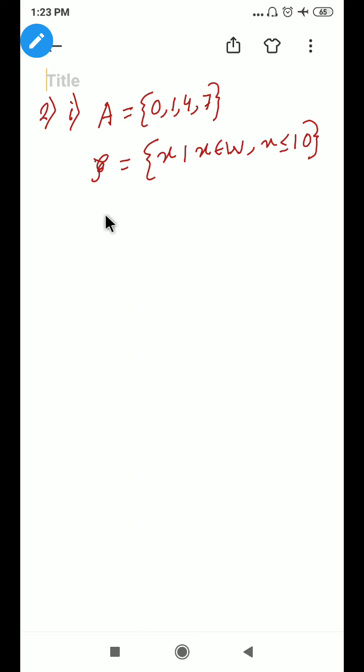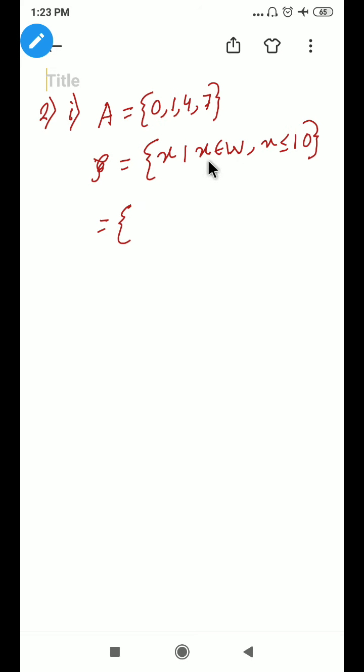So what does it mean? This set is given in builder form. Firstly you have to write it in roster form. This is called roster form and this type is called builder form.